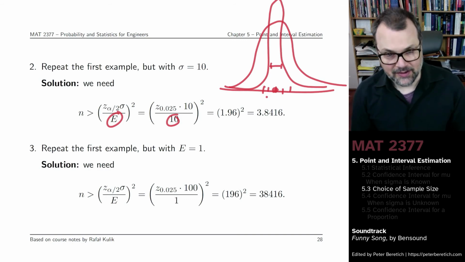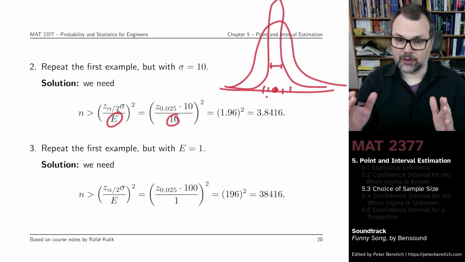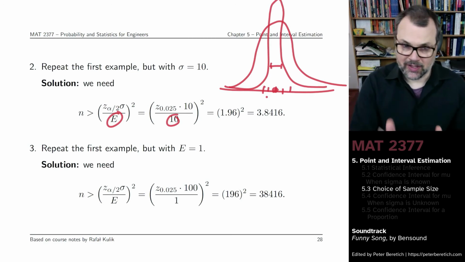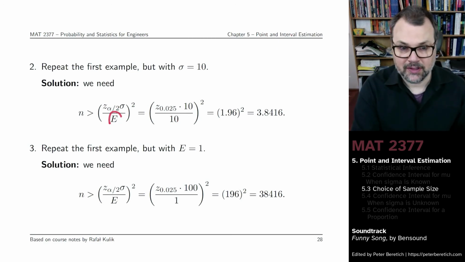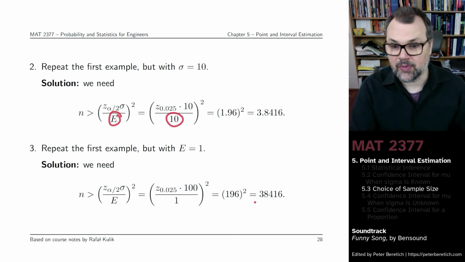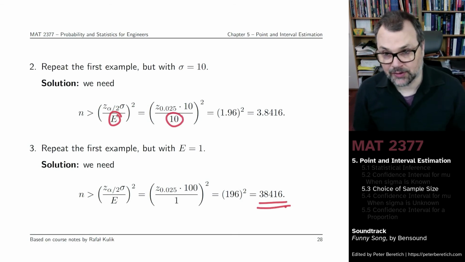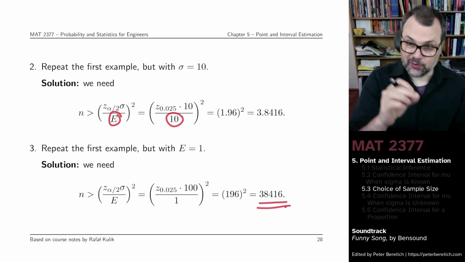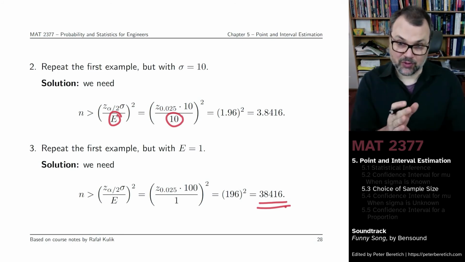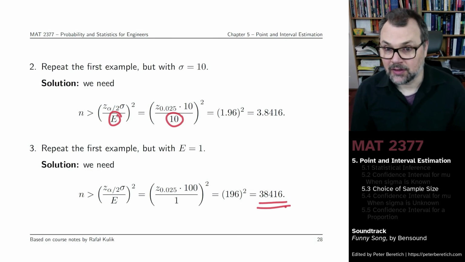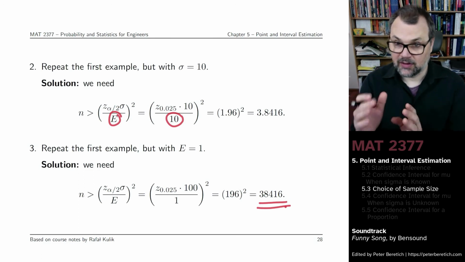On the other hand, if the error bound shrinks, well, the fact that this is part of the denominator means that you would expect to need more observations to be able to ensure that your sample mean approximates the true population mean within the error bound.